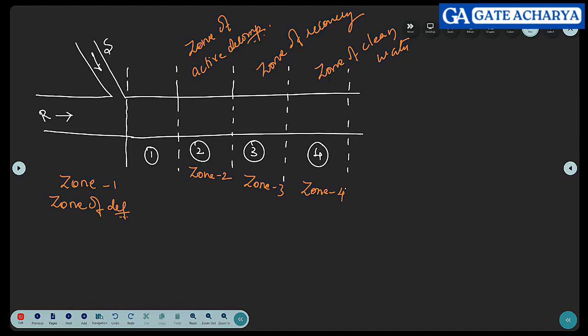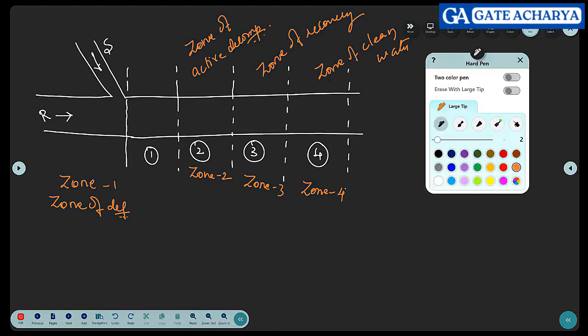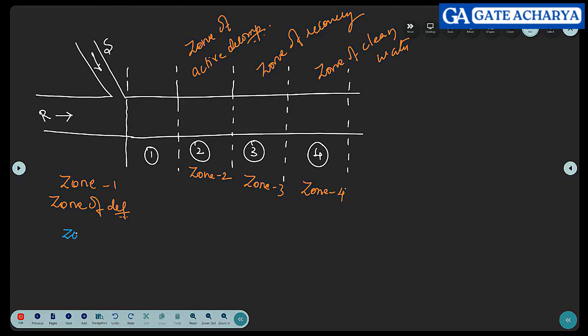Okay, so what happens in each zone? First, when the effluent is discharged into the freshwater body, dilution and dispersion will be happening. Because of dilution, the DO in zone 1 will be less, about 40% of the DO of the river.